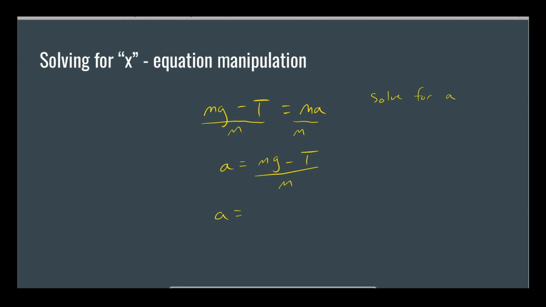We can change this around and go mg over m minus t over m. And that helps us cancel out this part of the equation. And so your final answer could be something like a is equal to g minus t over m. Okay. So again, watch out for those situations where you can simplify.